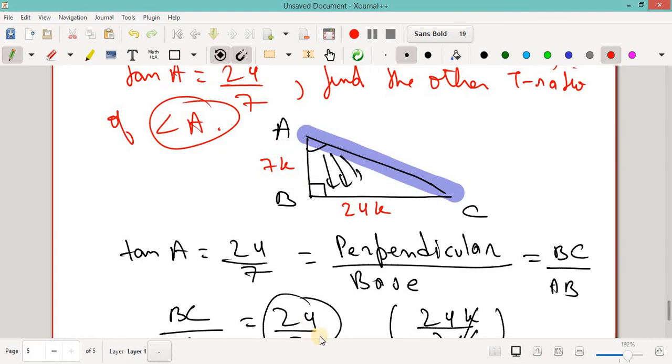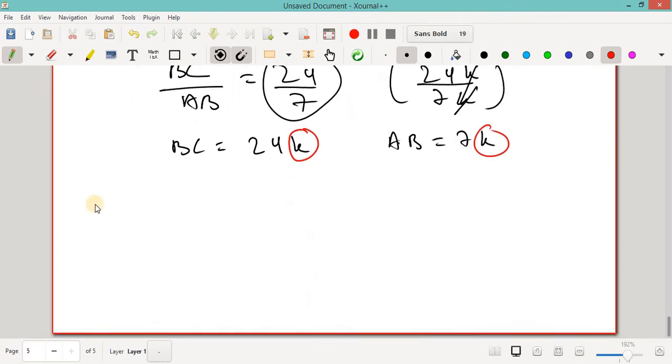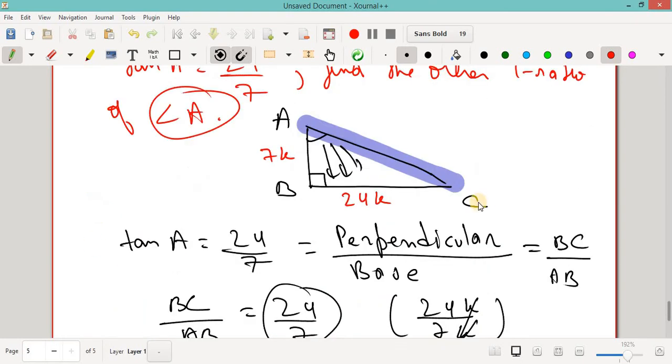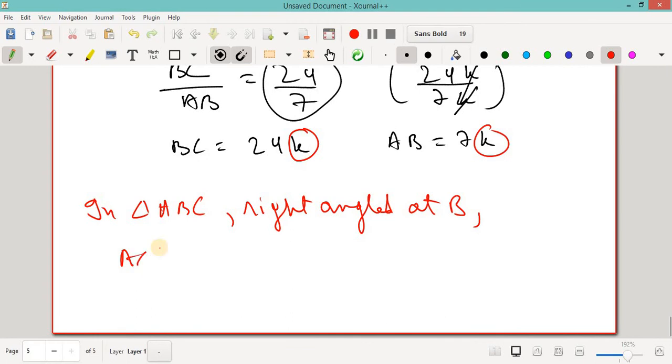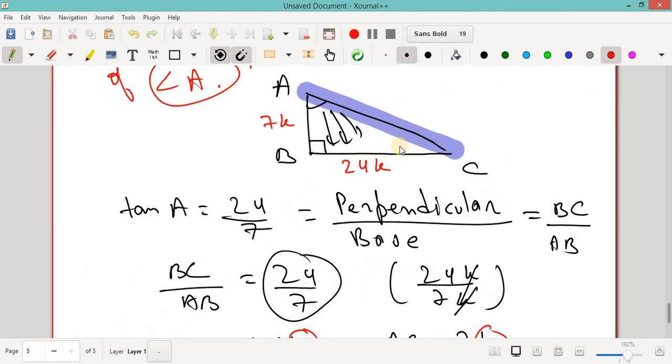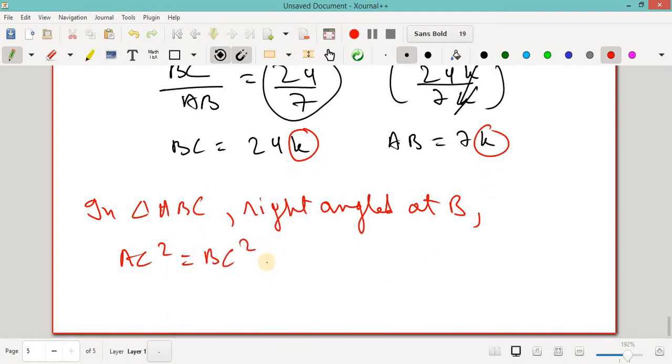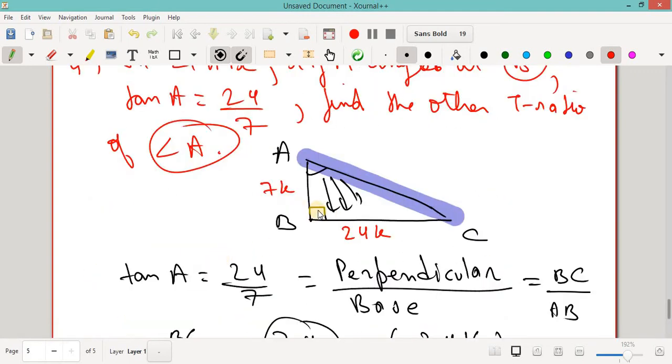We know, I'm not going to again write the figure. We know in triangle ABC, right angled at B, according to Pythagoras theorem, AC square, that is hypotenuse square, is equal to BC square. And remember the simple thing: if this is your 90 degree, this square will always be equal to the sum of the other two sides.